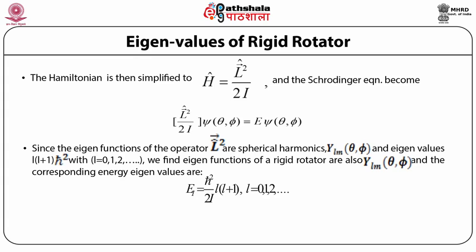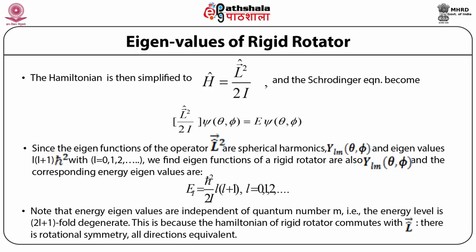Note that the energy eigenvalues are independent of the magnetic quantum number m, which in other words means that the energy levels are 2L plus 1 fold degenerate. What we mean is that since the energy eigenvalues do not depend upon m, for each value of L, that is the orbital angular momentum quantum number, the magnetic quantum number m can take 2L plus 1 values.